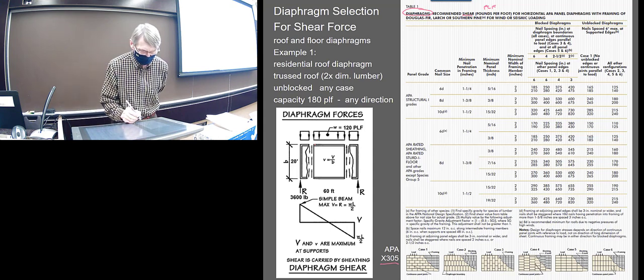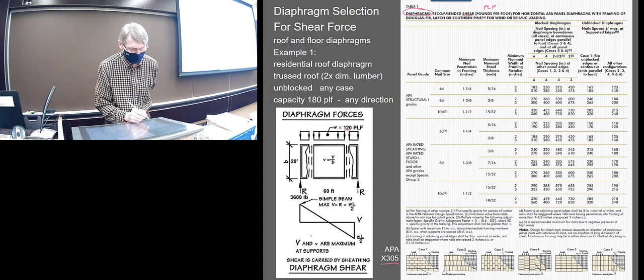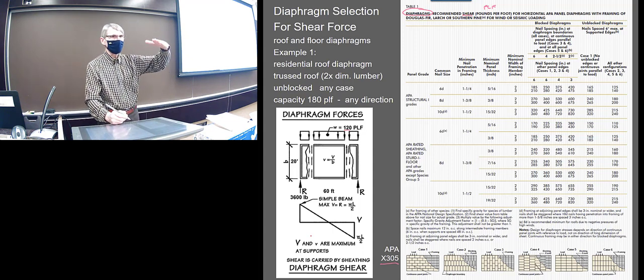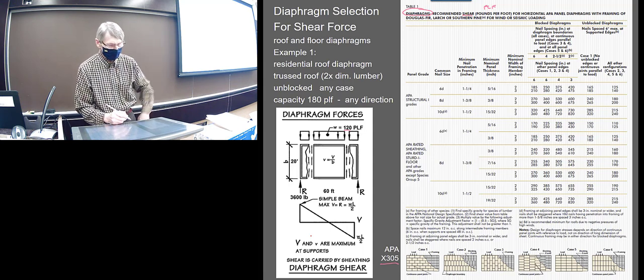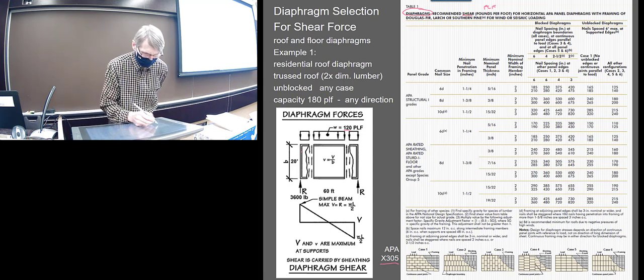So for the diaphragm forces, if we just take an example, okay, say we have a wind load that's applied at the top edge, right? This would act as a deep beam. Okay, this would be the shear force then, 120 times 60 divided by 2. This right here is what's coming out to 36,000, I hope, pounds.